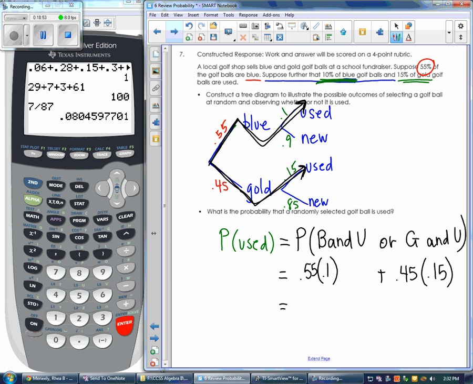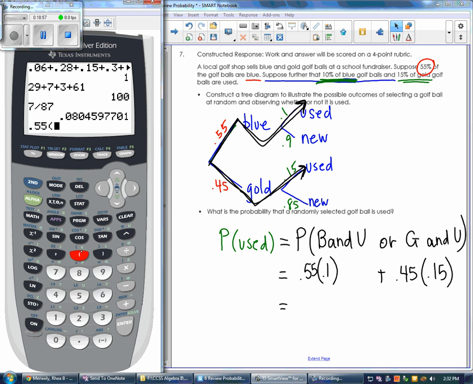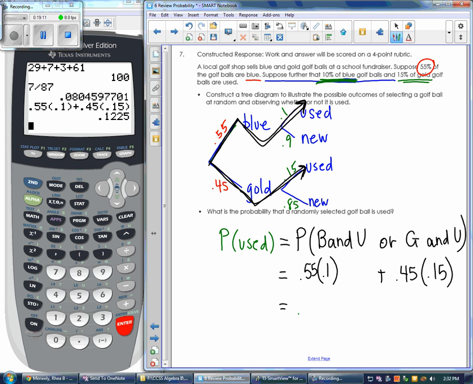If I combine these values, I have 0.55 times 0.1 plus 0.45 times 0.15. And that gives me about 0.1225. So about 12.25% of the golf balls are going to be used. Not too bad, so less than 15% altogether.